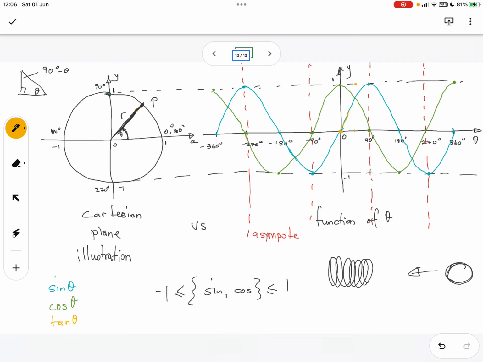So what eventually happens is our graph does something like this. As soon as you hit 90, even in analytical geometry, we use tan to test for the gradients, right?